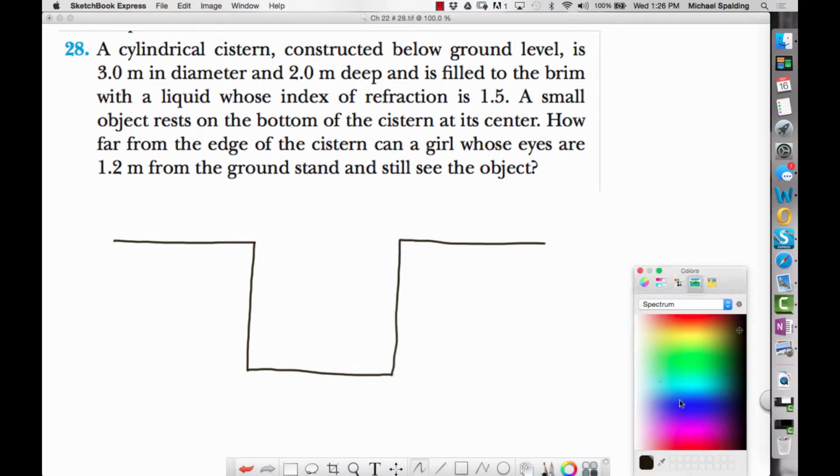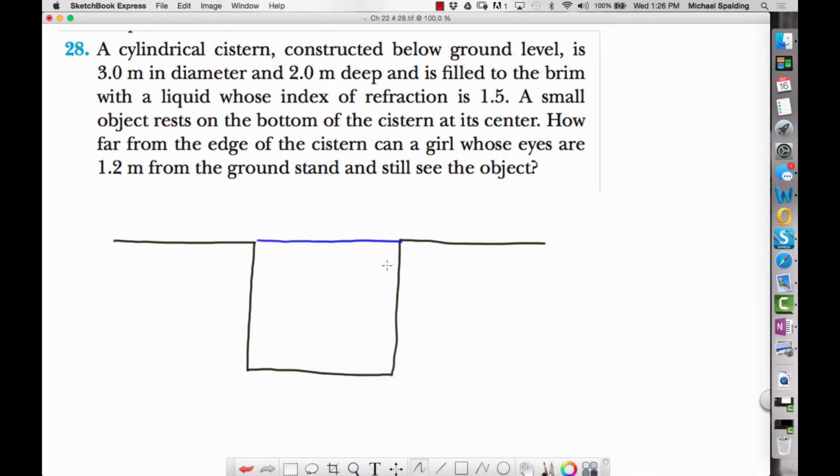I'm going to draw the liquid as blue. The index of refraction for this liquid is 1.5, and then up here is air. Air has an index of refraction of 1.00.